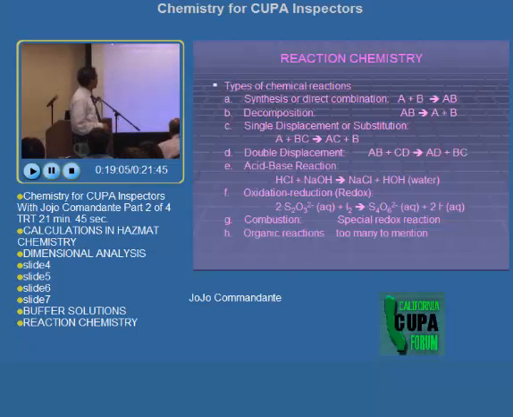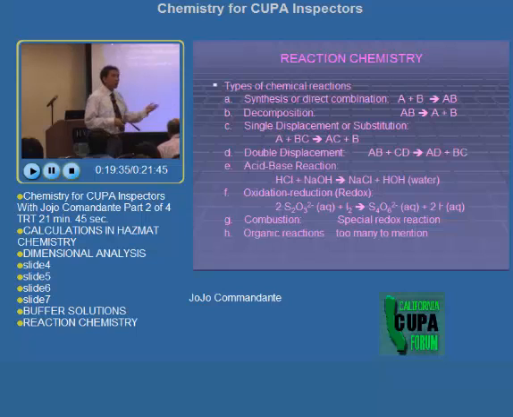Synthesis or direct combination: A plus B equals AB. Hydrogen plus oxygen becomes water, but with a tremendous amount of energy, so it's actually an exothermic reaction. That's a synthesis. Decomposition is AB becomes A plus B. Now, there are again several subcategories of synthesis and decomposition.